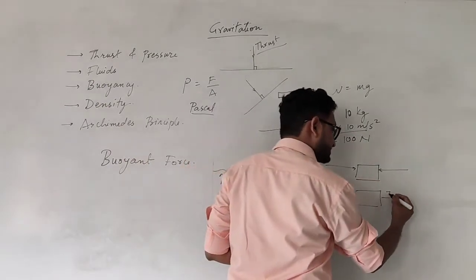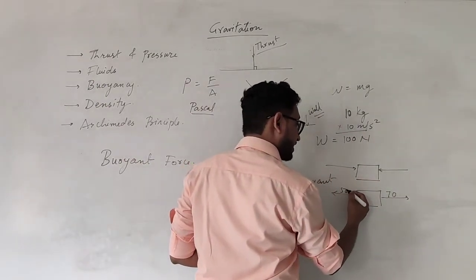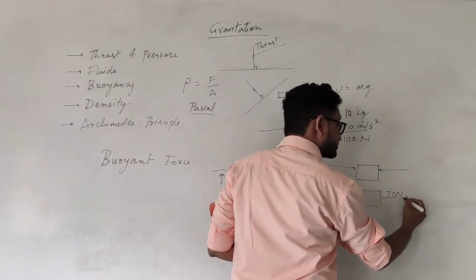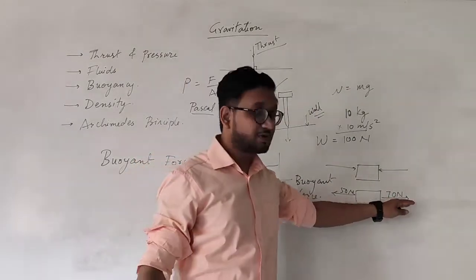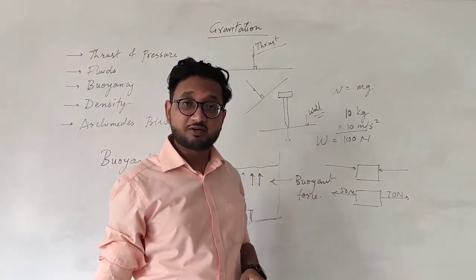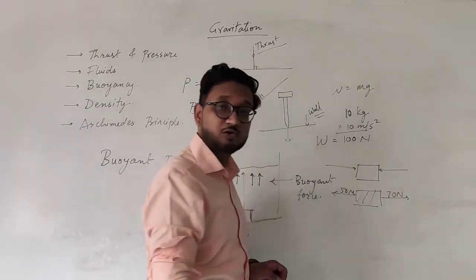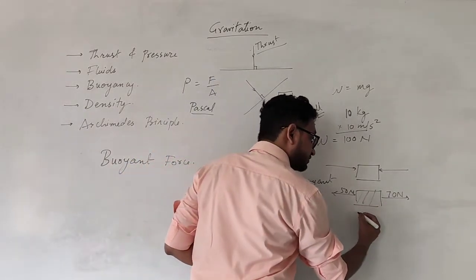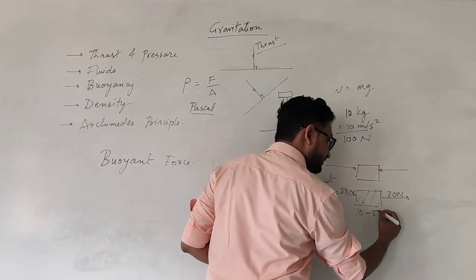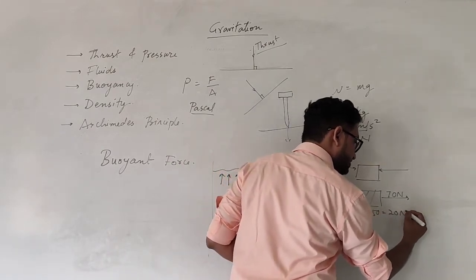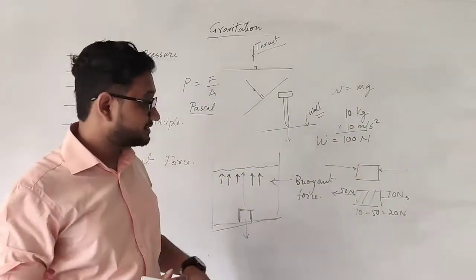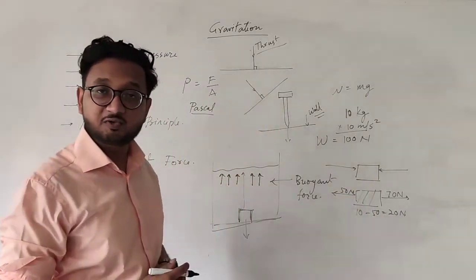One is applying 70 newtons, the other is applying 50 newtons. Obviously the boy applying 70 newtons will win. But what will be the final force on the box? The net force on the box will be 20 newtons, because 70 minus 50 gives you 20 newtons. So the ultimate force acting on the box is 20 newtons.